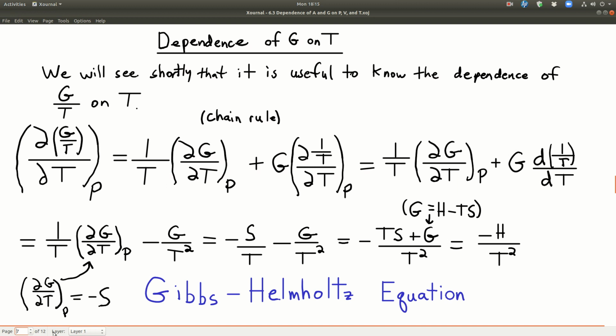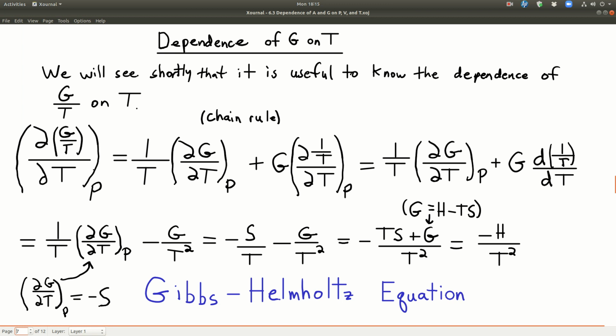Now we're going to look at how Gibbs energy depends upon temperature. Real soon in this chapter, we're going to talk about equilibrium constants, and it's going to be useful to know how G over T, the Gibbs energy over the temperature, depends upon the temperature. So we take the partial of G over T with respect to T at constant P, and apply the chain rule because there are two parts to this.